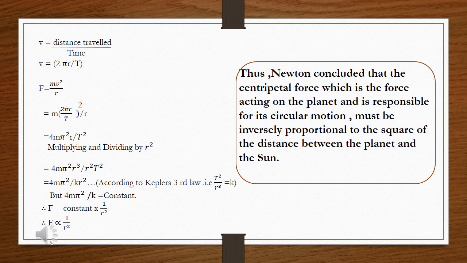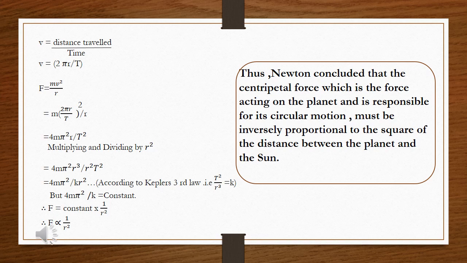By multiplying we get 4m pi square r cube, and by dividing we get r square T square. So we get 4m pi square. As we know by Kepler's third law, T square upon r cube is a constant. So here we can write r cube upon T square equal to 1 upon k, 1 upon the constant. So we get the new equation as 4m pi square upon k.